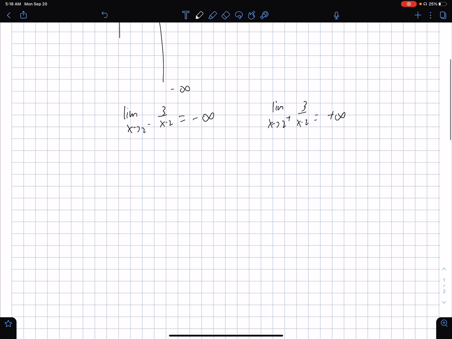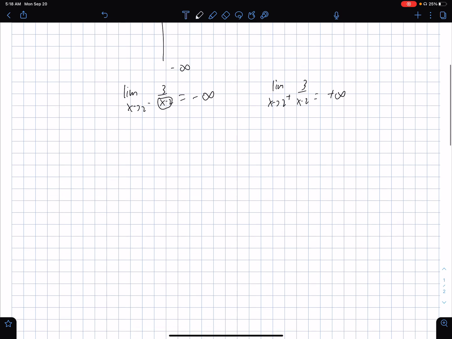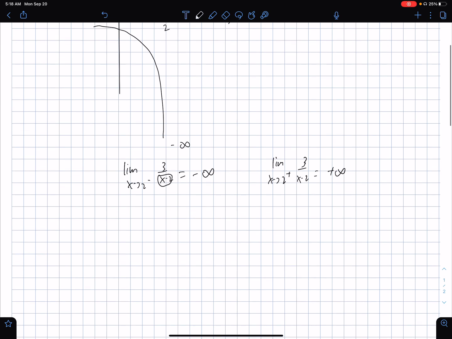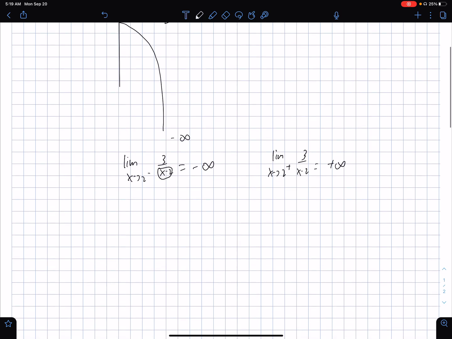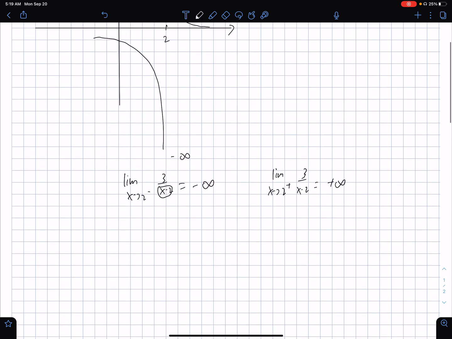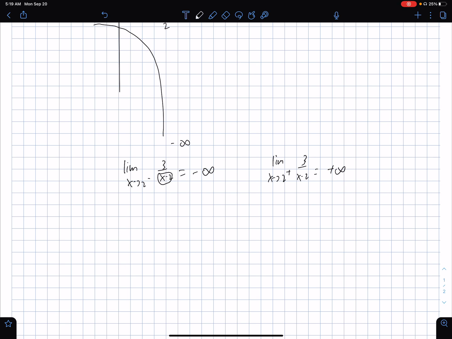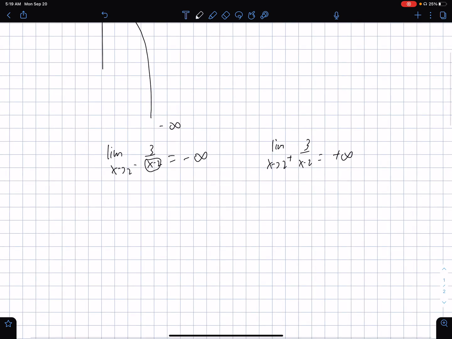Well, we can analyze this here, right? So it's important to go back to what a limit actually is. A limit is just what would happen as a function approaches a certain point. So let's say we take a point that's not at 2, that's slightly larger or slightly smaller than 2.